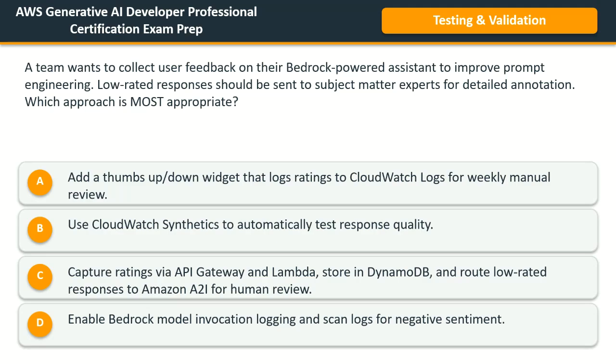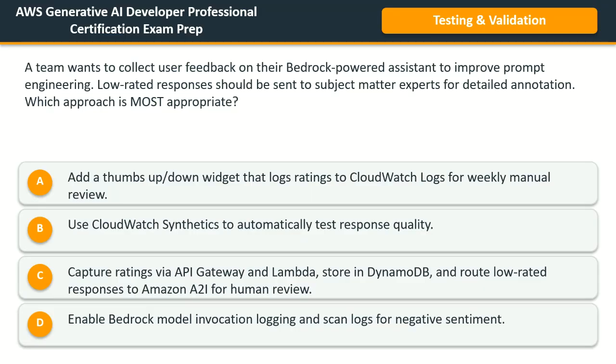In this architecture, user ratings are captured via API. Full context is stored in DynamoDB. Low-rated responses trigger A2I review tasks. Experts provide structured annotations. That creates actionable data for prompt engineering. That is why answer C is the correct answer.